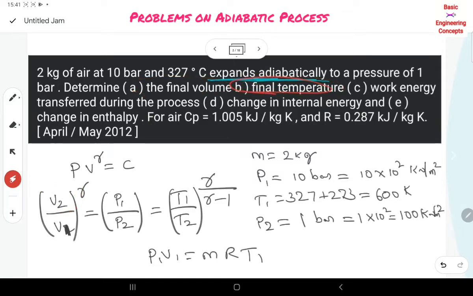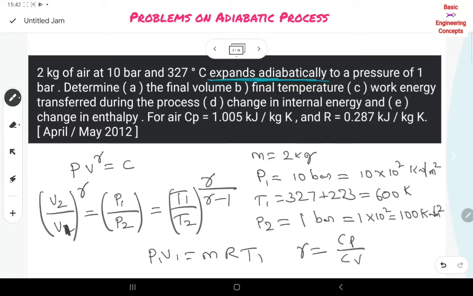Next, the final temperature, the same way. P1 is given, P2 is given. So what about gamma? Gamma for the adiabatic process is 1.4. Otherwise, you can also calculate gamma is equal to Cp by Cv. Cp and Cv values you can obtain from Cp and R, that is Cp minus Cv is equal to R. So gamma is equal to Cp by Cv.